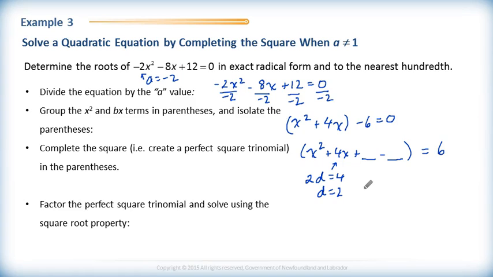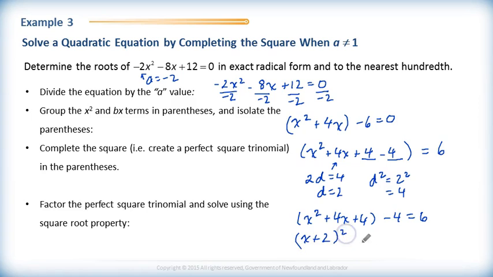So d turns out to be 2, and we square the d value, which happens to be 4, and then we subtract off 4. So just before I factor that perfect square trinomial, I move that minus 4 outside the brackets. Now I can factor the perfect square trinomial and move that 4 across the equal sign.